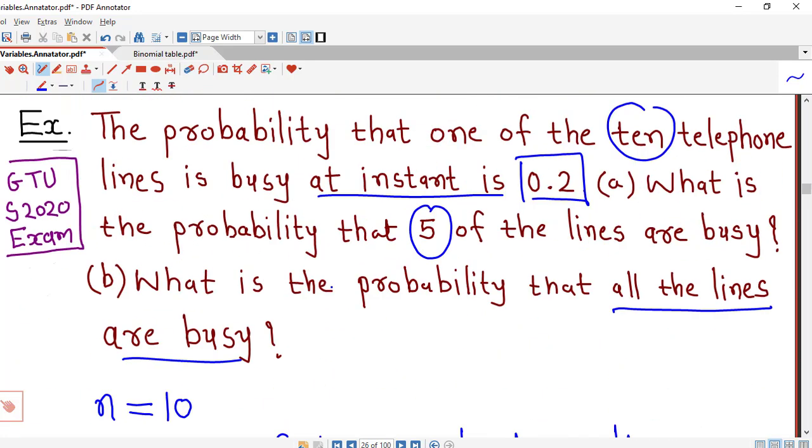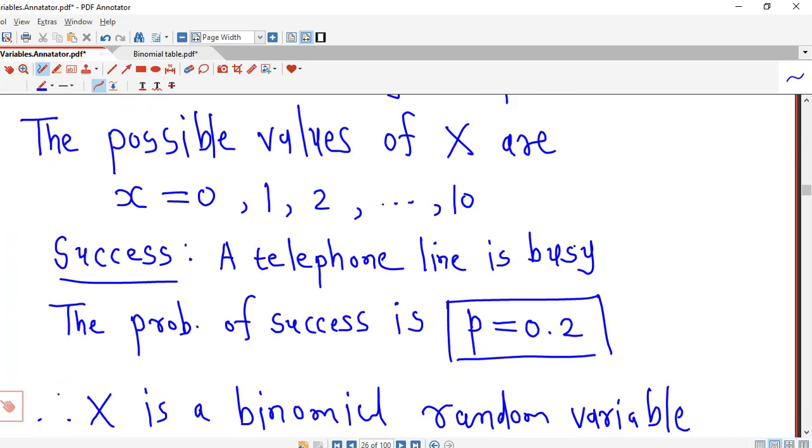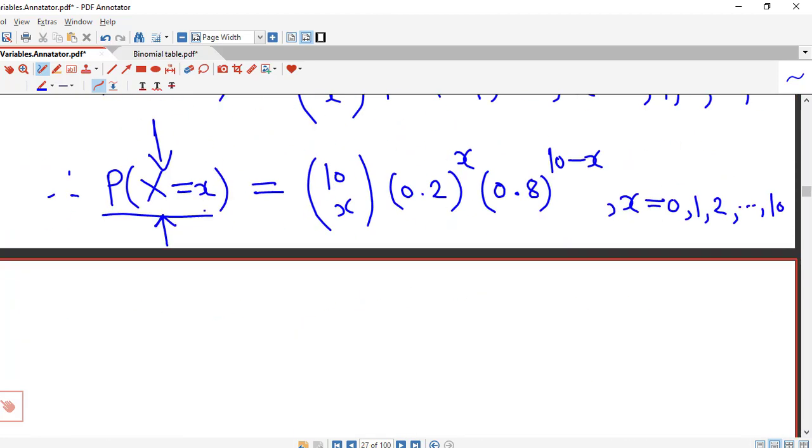Now we see what is asked in first part A. It is asked: what is the probability that 5 of the telephone lines are busy? So here we will consider small x equal to 5.